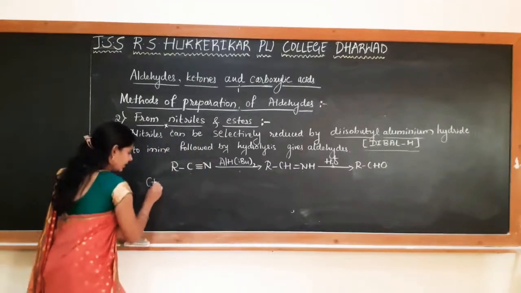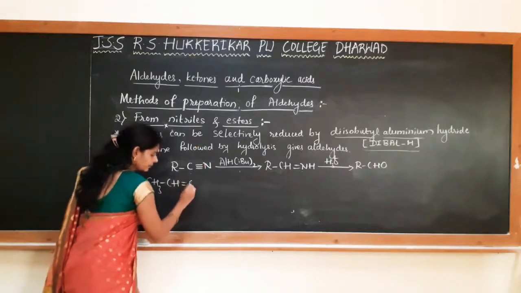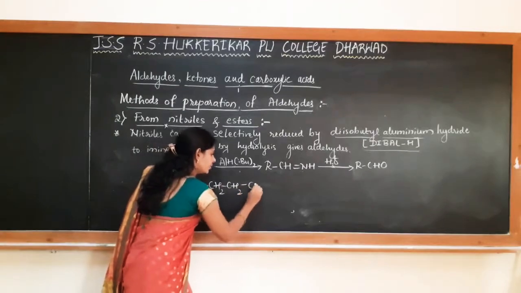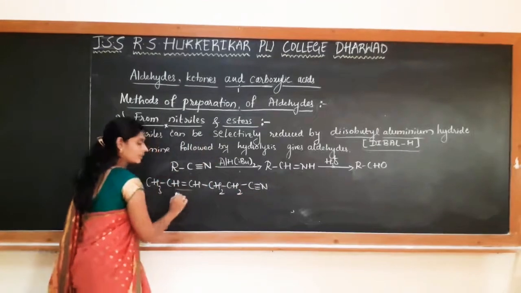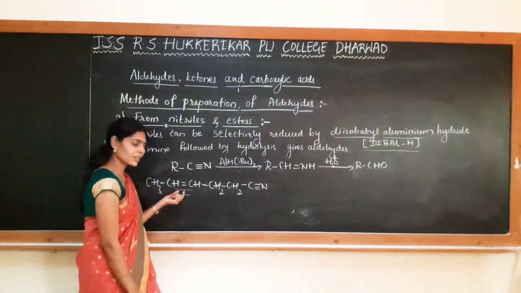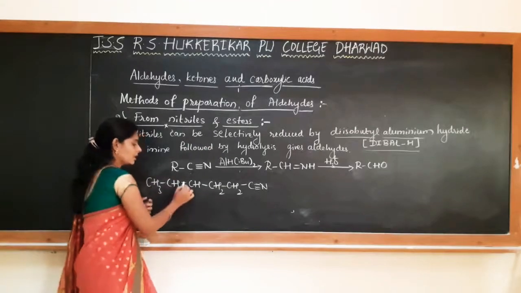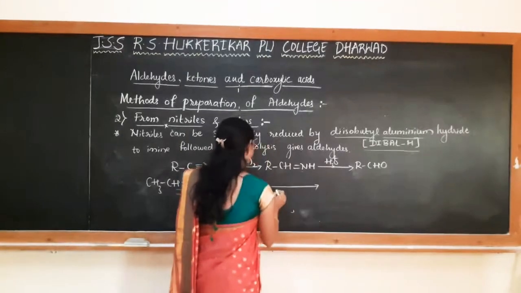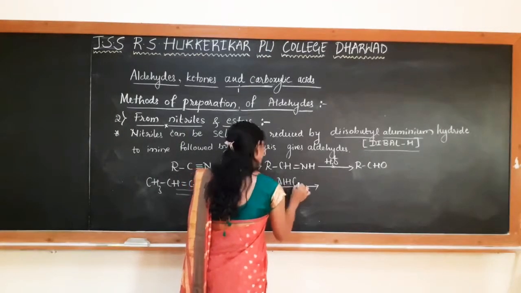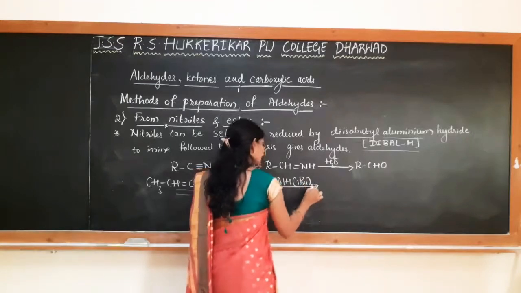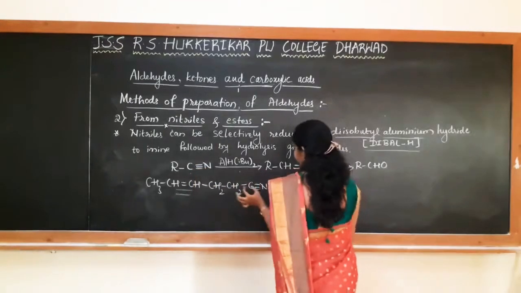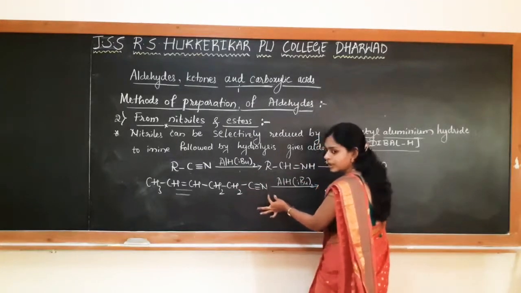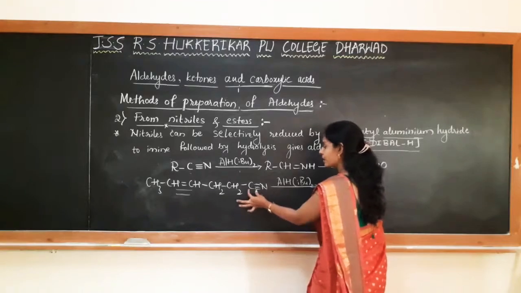For example, if I consider this compound where I have another double bond which is also reducible, if we use any other reducing agent, even this reduces and the double bond is converted to single bond. But when I use this diisobutyl aluminium hydride, only the nitrile part is reduced to imine, that is CH=NH, which on further hydrolysis gives CHO.